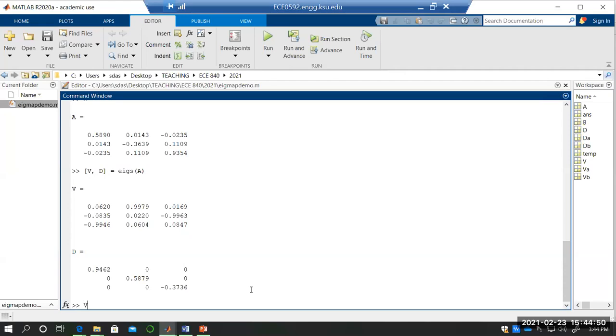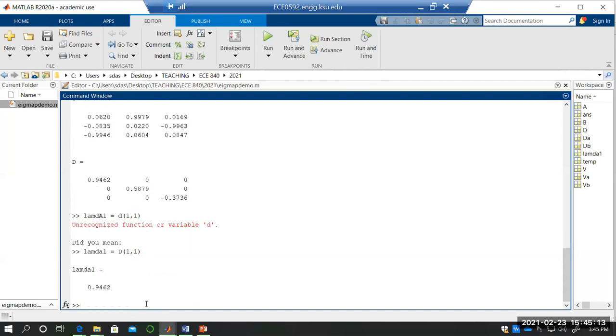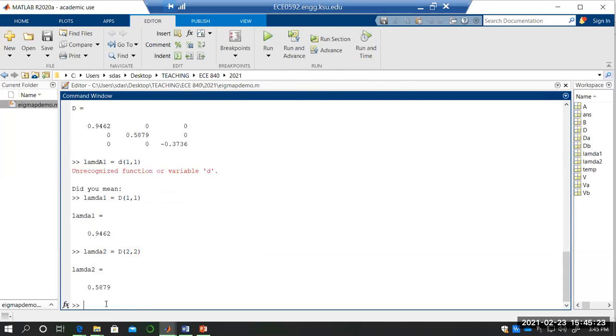So what's my largest eigenvalue? Numerically, the largest is lambda 1 equals D(1,1), right? And lambda 2 is this. And lambda 3 is this.